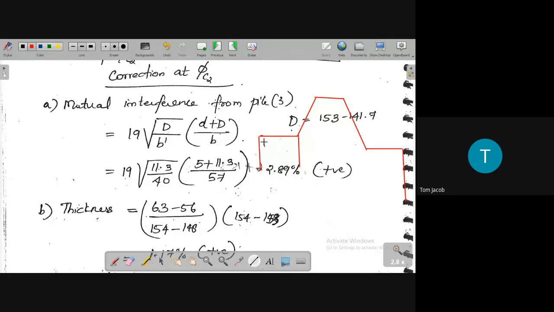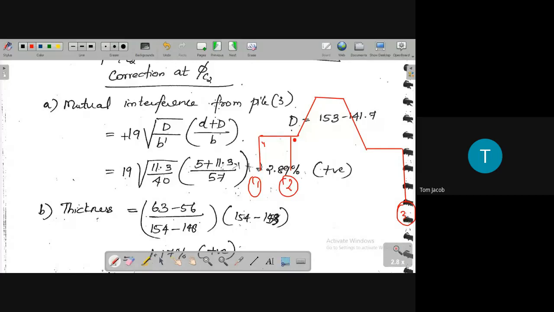Now this is file 1, file 2, and file 3. File 2 comes here, not at the top starting, comes here. This is file 2. So now we have found out the pressure at this point.